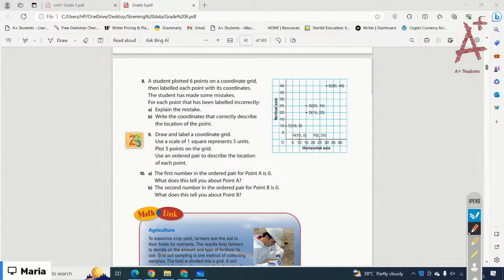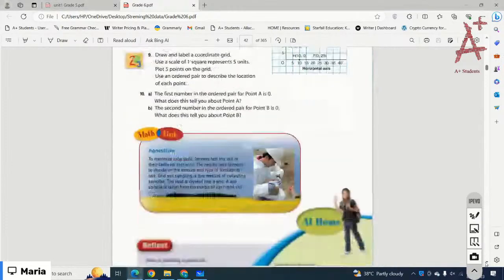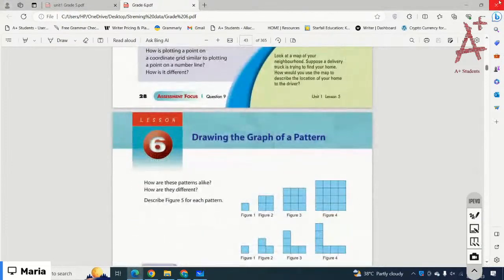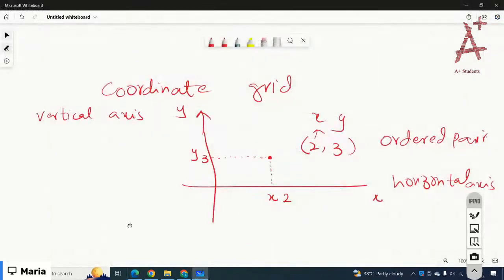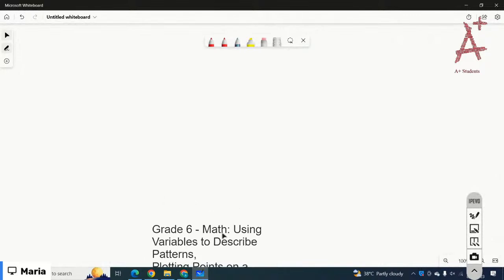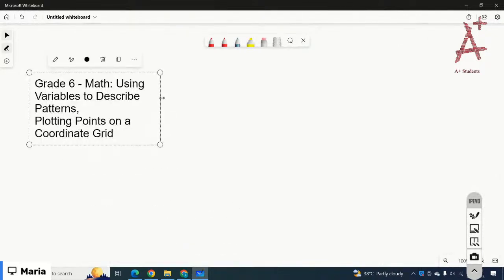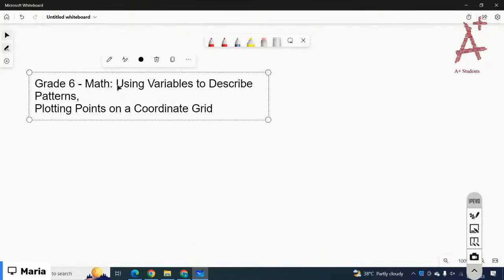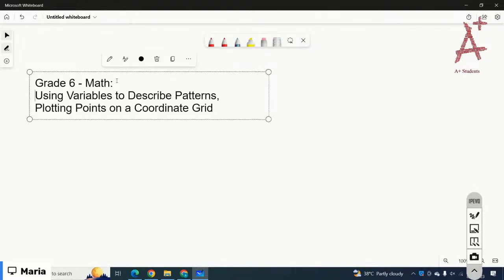Okay, we are done with the lesson. We were working on grade 6 math. The lessons we have covered today are using variables to describe patterns and plotting points on a coordinate grid. I skipped 2-3 questions because the questions are exactly the same.